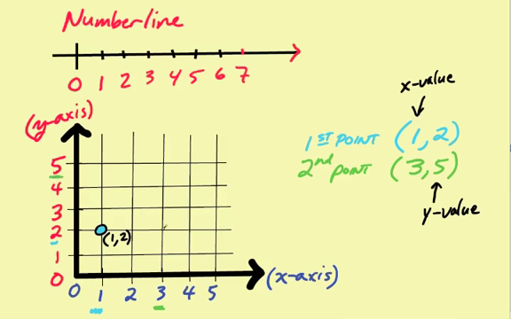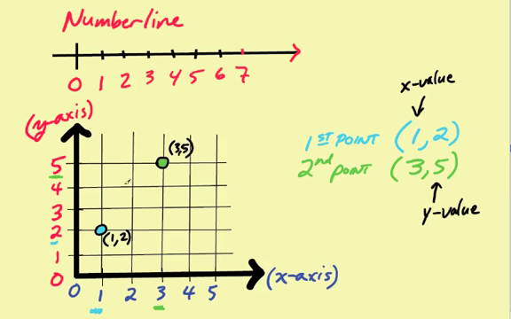So wherever the 3 and the 5 meet up will be my second point. There we go. And let's circle this. Let's try that again. Let's make it a little neater. And then that second point will be, I go ahead and write it, 3 comma 5.